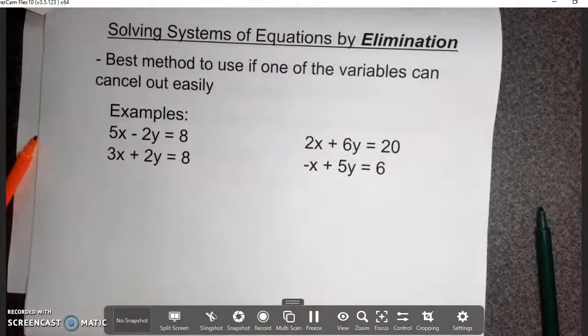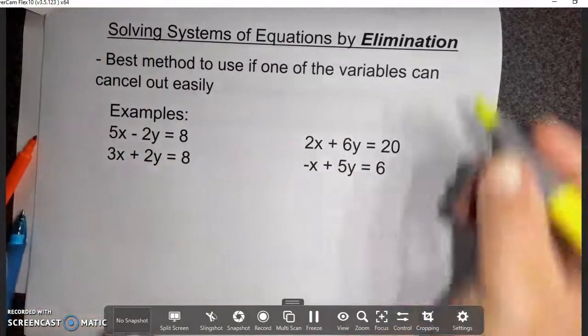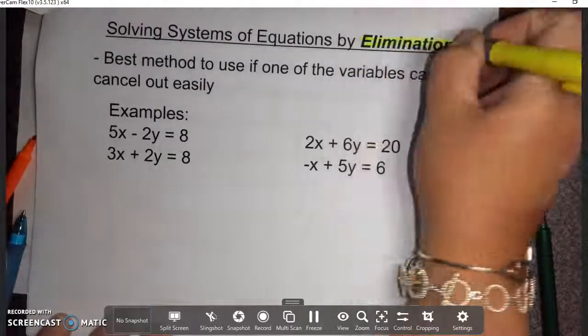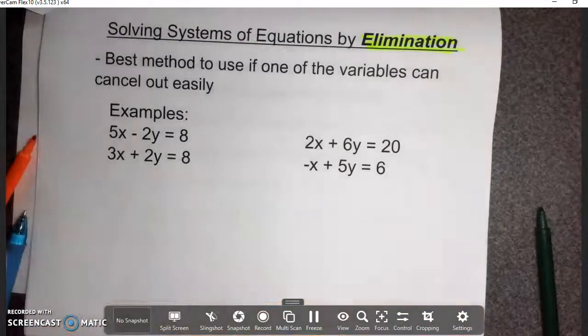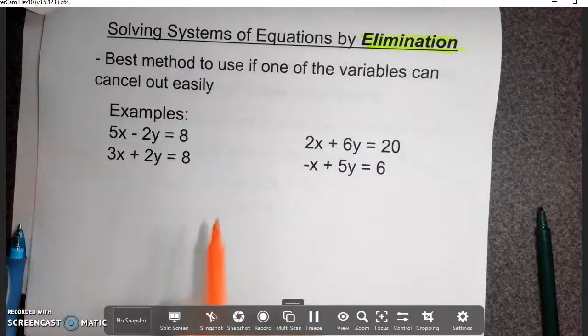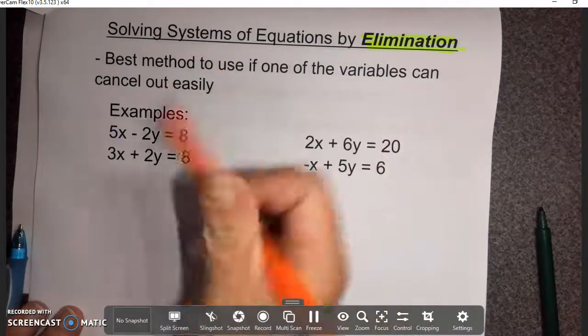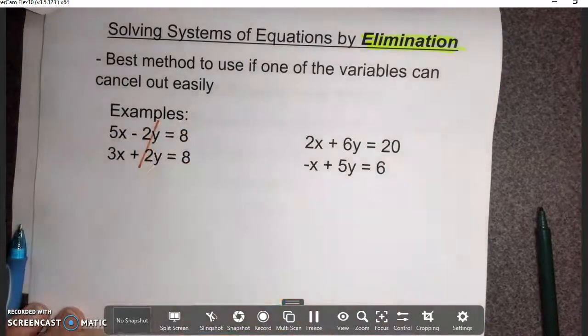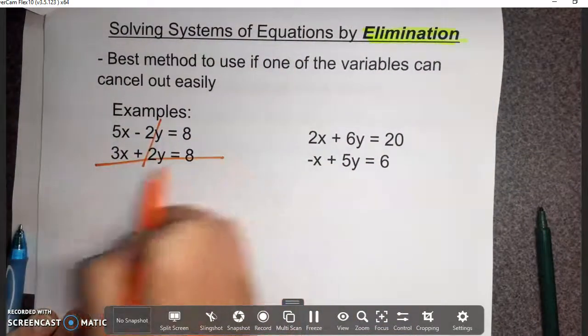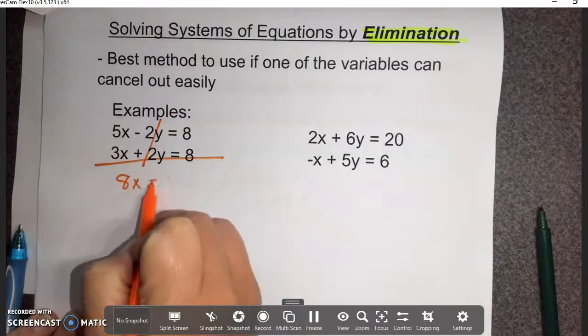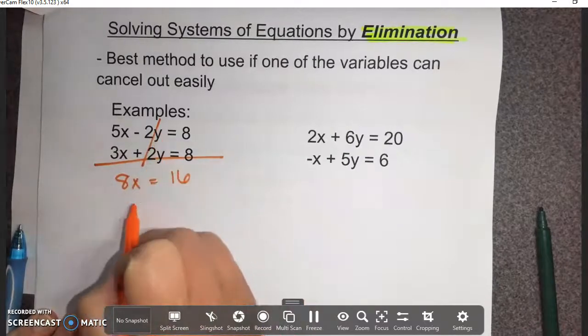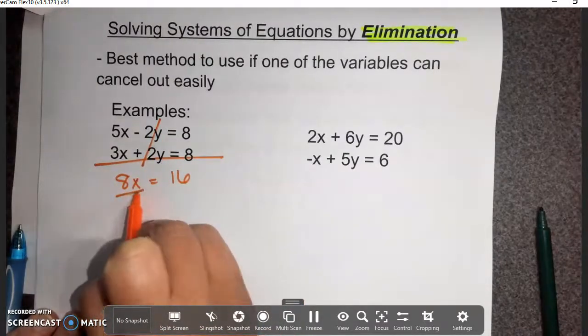I can also solve by elimination. This is best if one can be canceled out easily. So if you look at this example, you see how we have negative 2 and a positive 2? Those will cancel out. And we're going to add. 8x equals 16. That canceled out. So divide by 8.